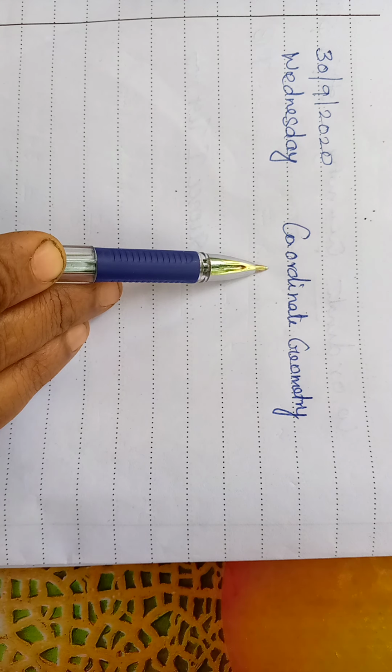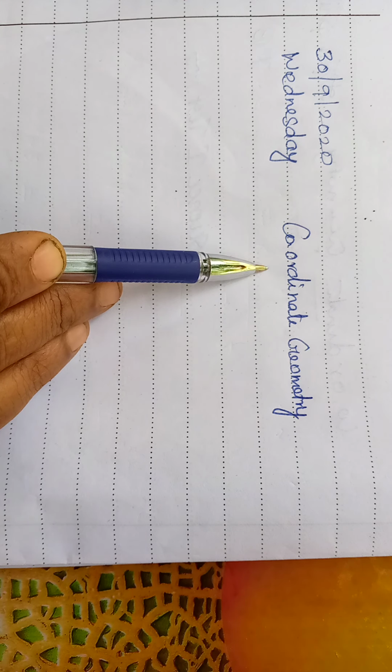Let's write the remaining terms. That is equal to square root of E minus C by 2 the whole square plus F minus D by 2 the whole square. That is equal to square root of, now let's take numerator and denominator separately.